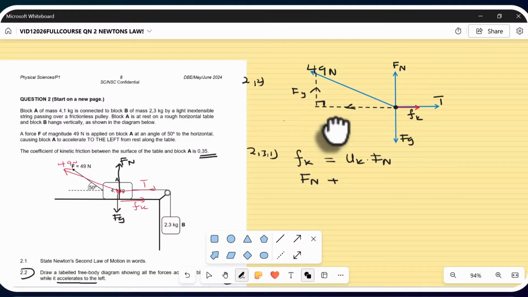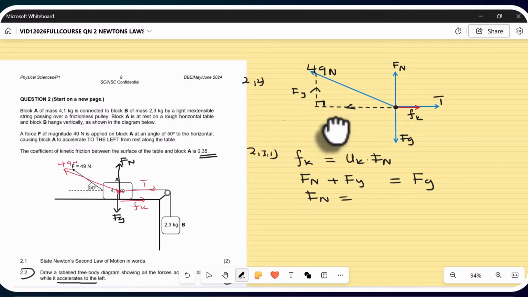So in this case, my F normal is equal to Fg, that is the mass of the block, 4,1 times 9,8, and then minus the Fy.